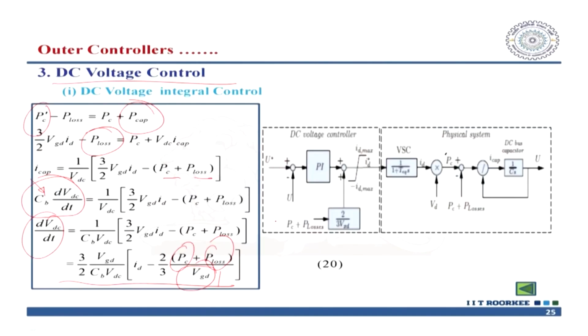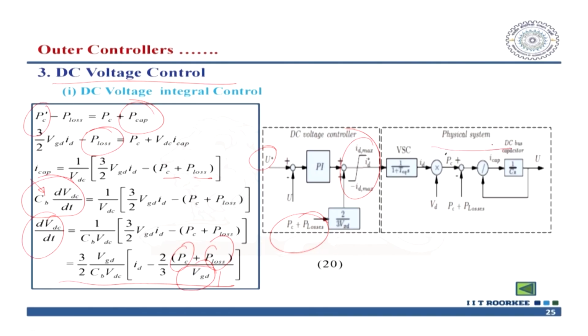So, you feed VDC star minus VDC to the PI control, and this part is essentially the losses, then you add it up, and within that you can have an ID max and ID min. Generally we put everything in a PI controller and try to tune it, so ultimately you leave everything to the tuning of the PI controller, but it is quite a blind operation, and for this reason I suggest going this way.